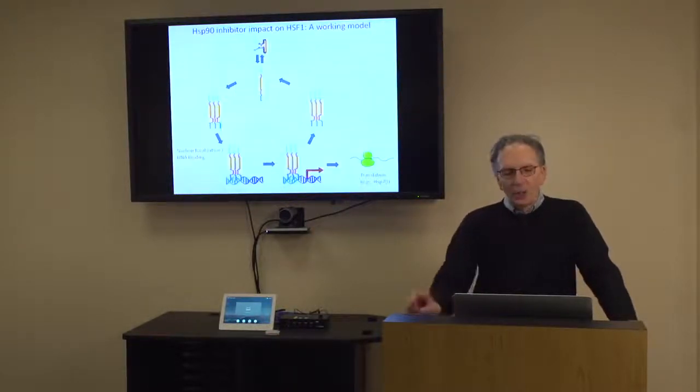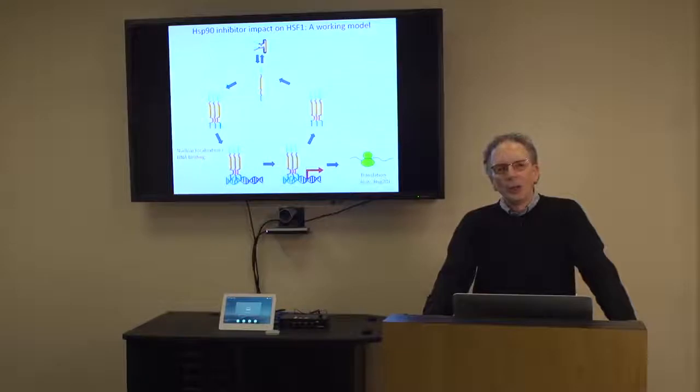Based on these data, we've come up with a working model to explain what HSP90 is doing to regulate the heat shock response. We think that HSP90 alpha in particular, as an HSF1 target gene, serves to provide feedback control to the heat shock response by binding to HSF1 and removing it from DNA.